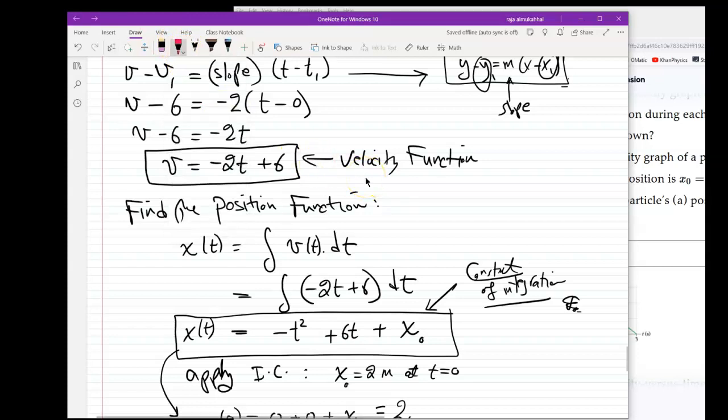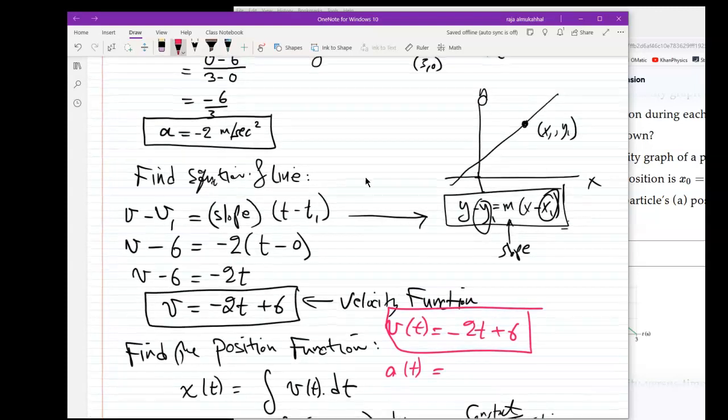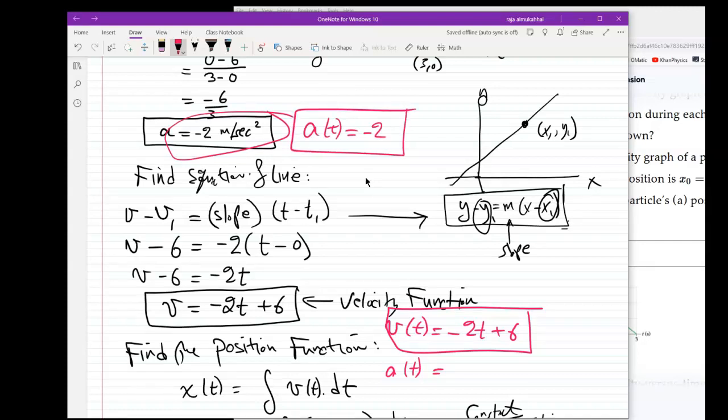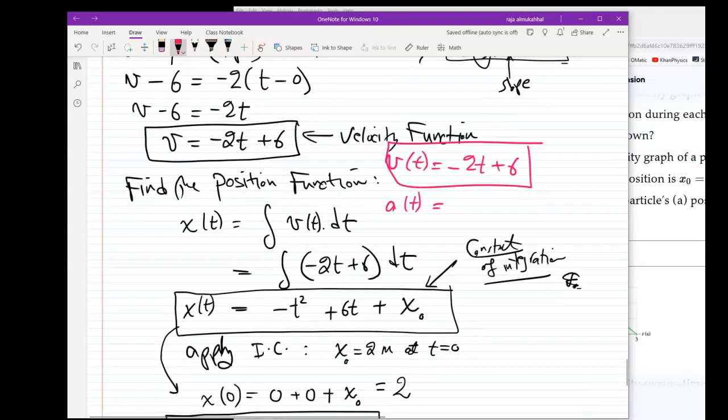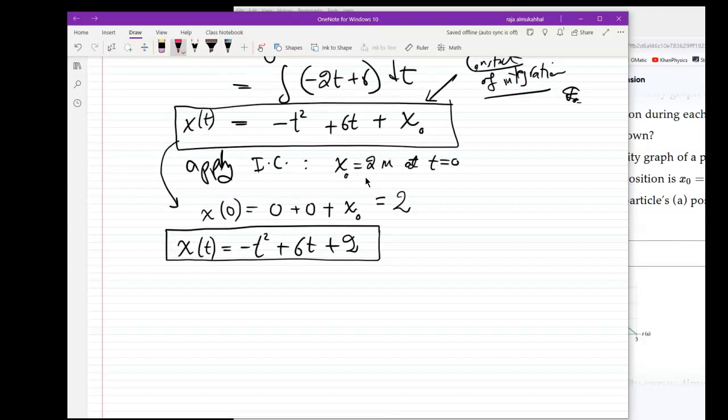All right. So the velocity function, v of t, is equal to negative 2t plus 6. That's the velocity function. A of t, I already got it. It's a constant right here, the very beginning. Okay, this is a of t is equal to negative 2 meters per second squared, right? It's a constant, you see what I'm saying? And then I have x of t right here.